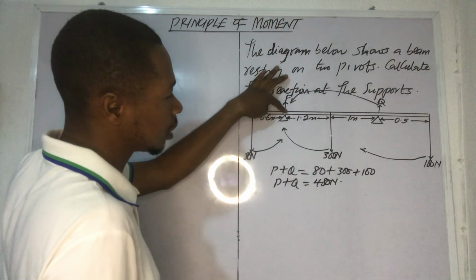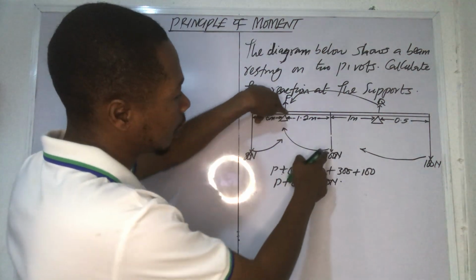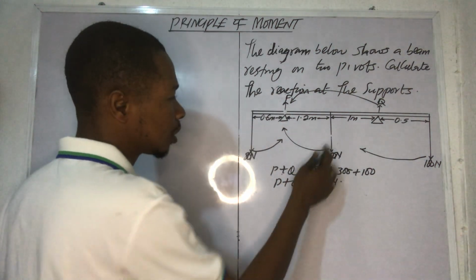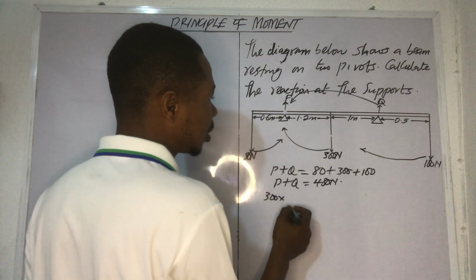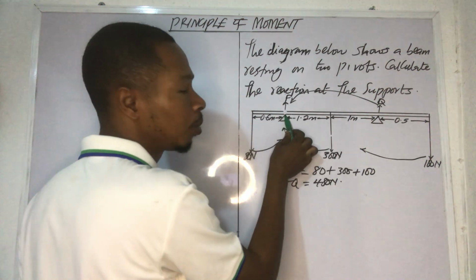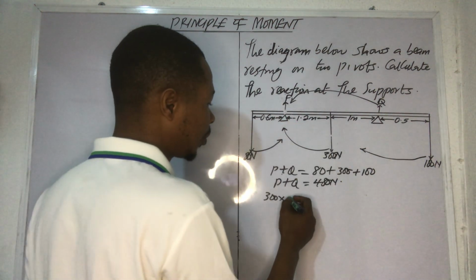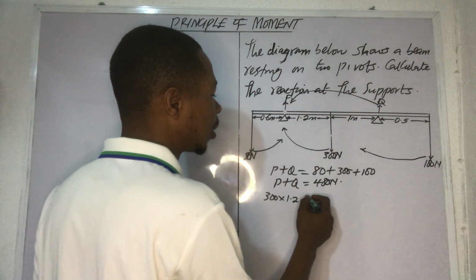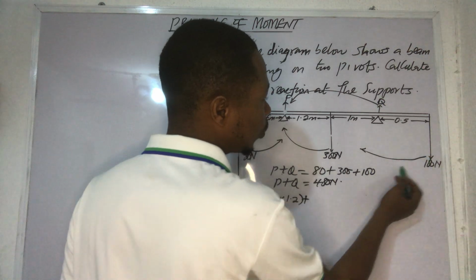Now taking moments about point Q, clockwise movement is equal to anti-clockwise movement. That means this 300, clockwise, will be 300 times the distance from the 300 to the point Q. From here to here is 1.2. So you have 300 times 1.2, plus the second clockwise movement.